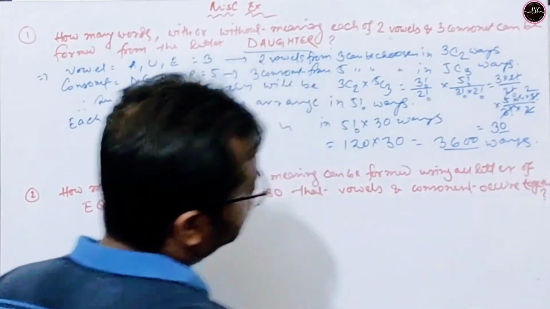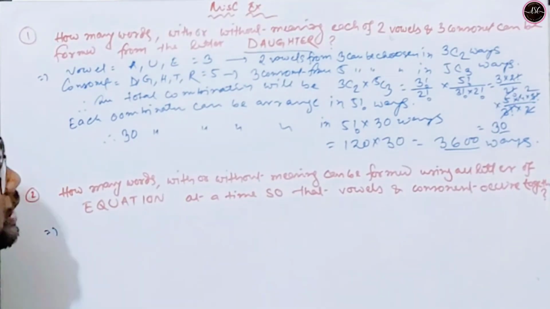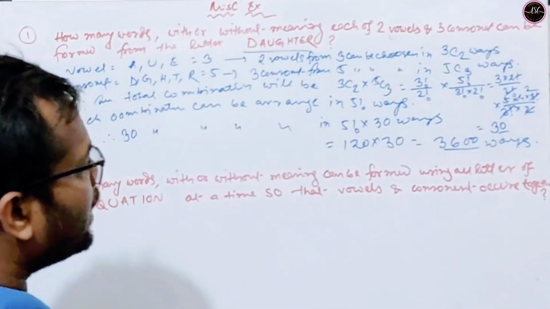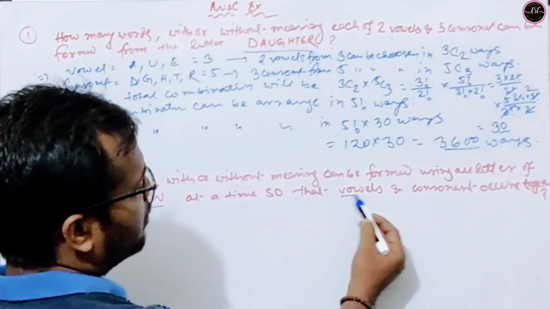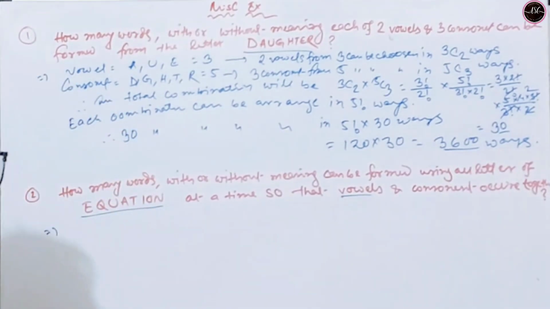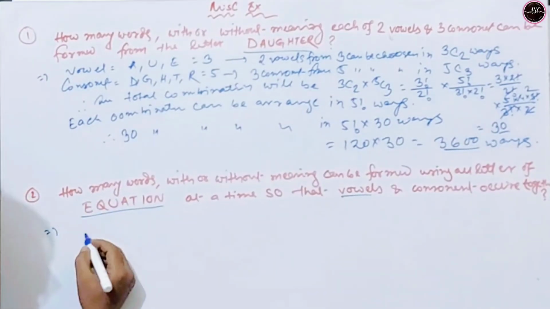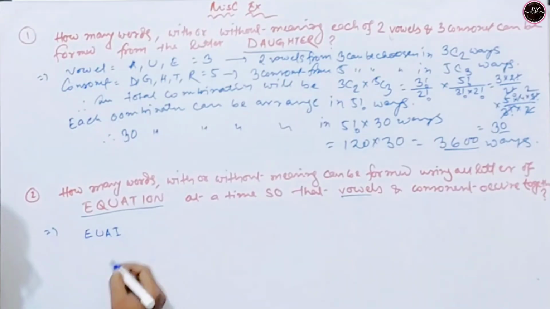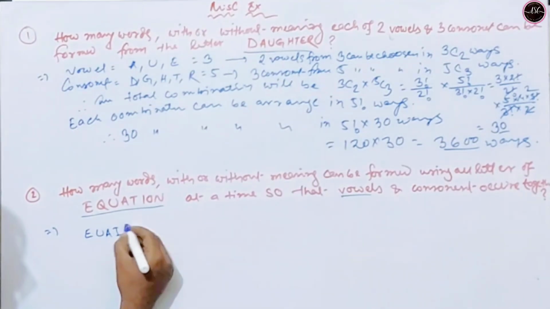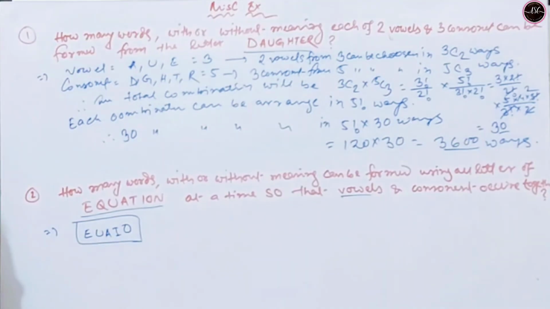Okay. And for this, just look: how many words, with or without meaning, can be formed using all the letters of EQUATION at a time, so that vowels and consonants occur together? So we first find the vowels. Here E, U, A, I, O. Okay. So we get these vowels. Okay.